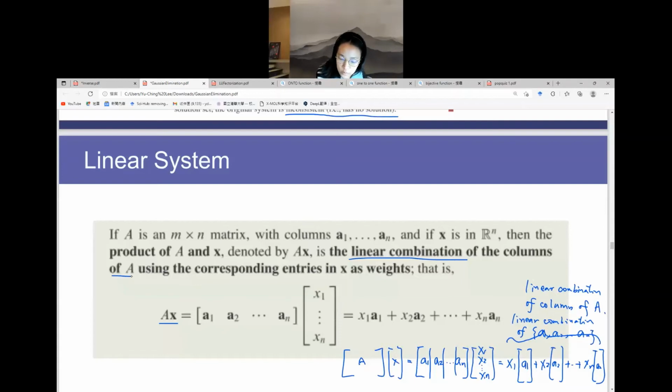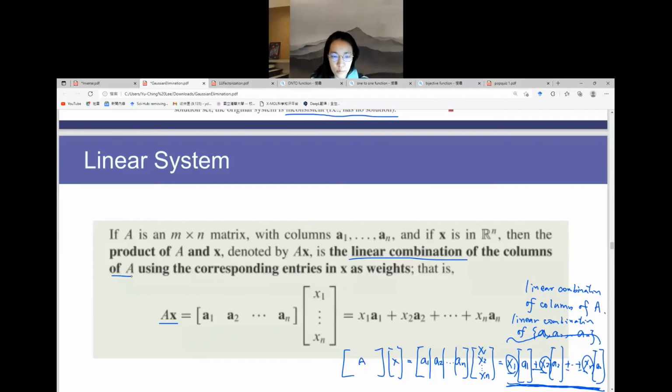So writing things in this way is called a linear combination. And why is it called a linear combination? We are combining the columns by scalars x1, x2, and xn. Initially I have the vertical a1, a2, and an, and then I want to combine them. The way to combine is to multiply by some scalar in front of each, and then sum them up. This is called combination.